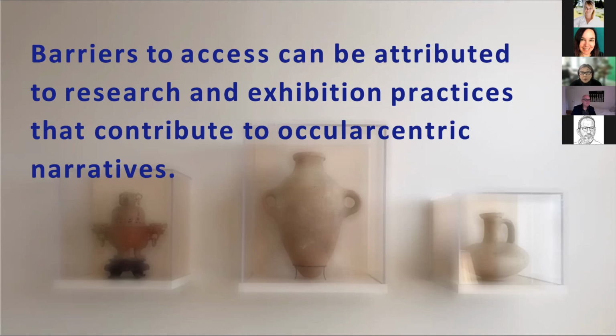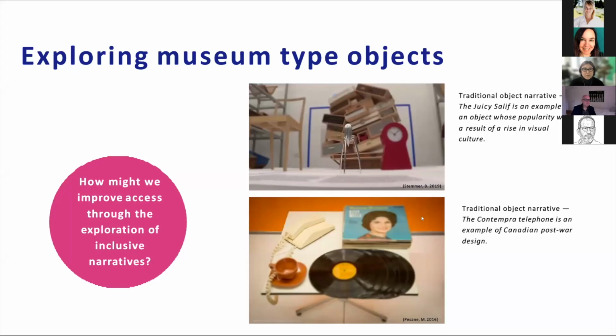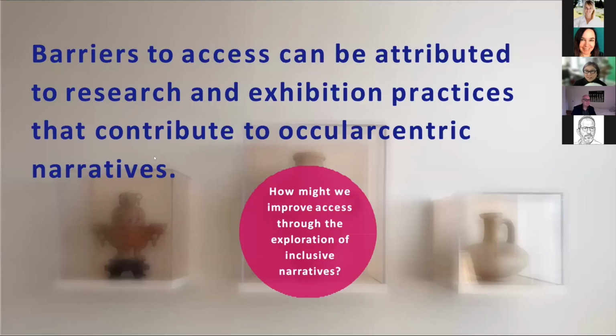As a result of those practices, there's a bias towards ocular-centric knowledge, which contributes to ocular-centric narratives, which then create barriers for people with vision loss. Okay, so next slide. Excuse me, I think we're ahead by one slide.